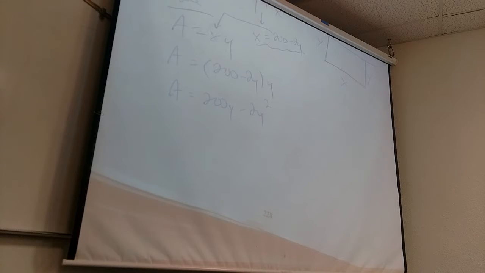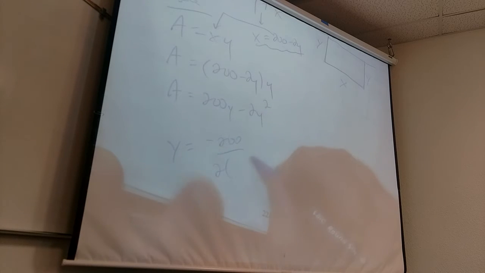Now, of course, the same idea. The maximum of this shape is parabolic, so we know how to find that maximum. If it wasn't parabolic, we'd be sort of screwed. But it is parabolic. So in this case, y equals, what's b? 200.